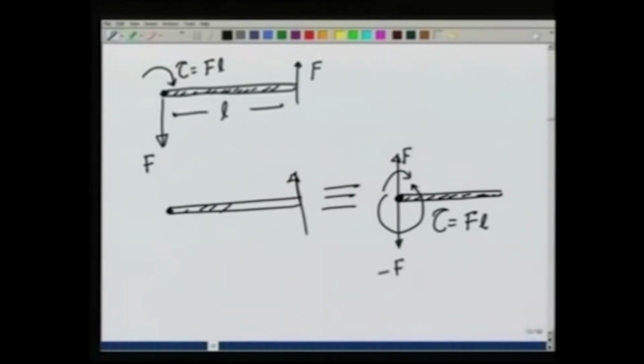So, this is equivalent to this as far as equilibrium or statics of this rod is concerned.